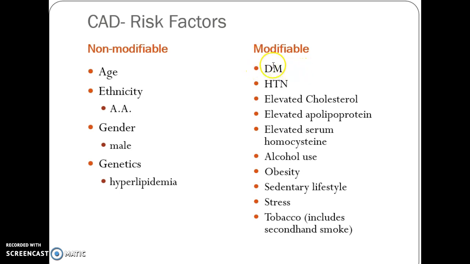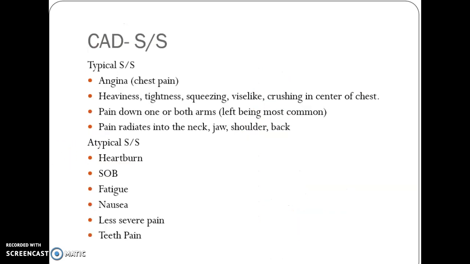Depends. If you're type 1 diabetic, no, but controlling your blood sugar is. Hypertension, do you have it? Yes. Is it modifiable? Yes, because if you take your medicines, you can keep it within a normal limit. Elevated cholesterol, for the most part, you can control with diet. So these kinds of things can be modifiable even if they are a disease process.